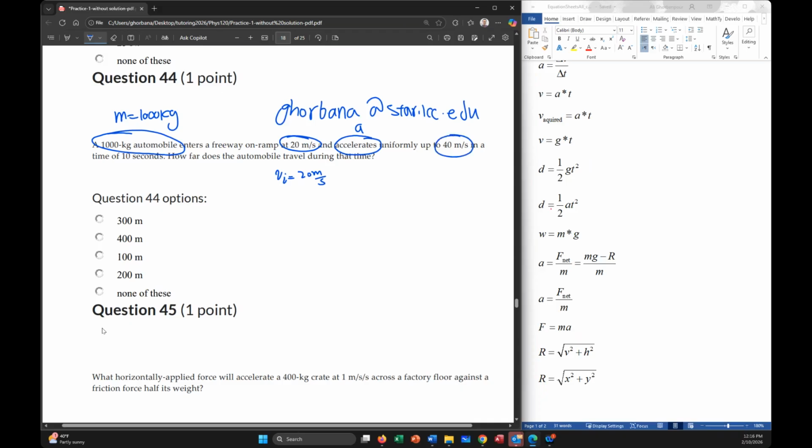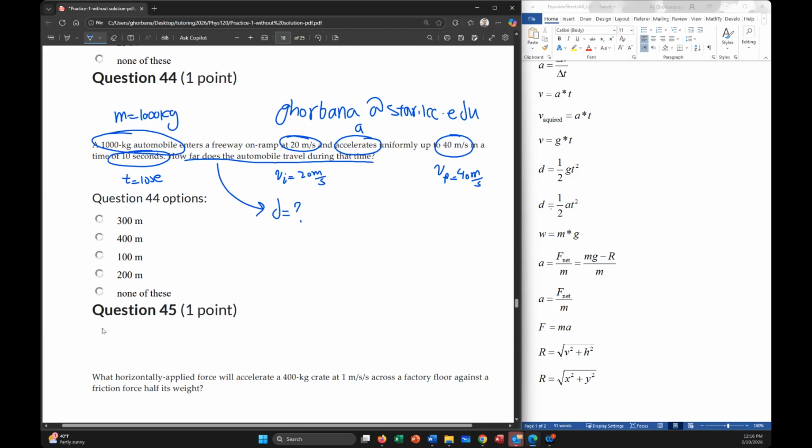So the velocity is changing from 20 to a final velocity of 40 meter per second. In how many seconds? 10 seconds. How far does the automobile travel? It's asking what is the d, yes?